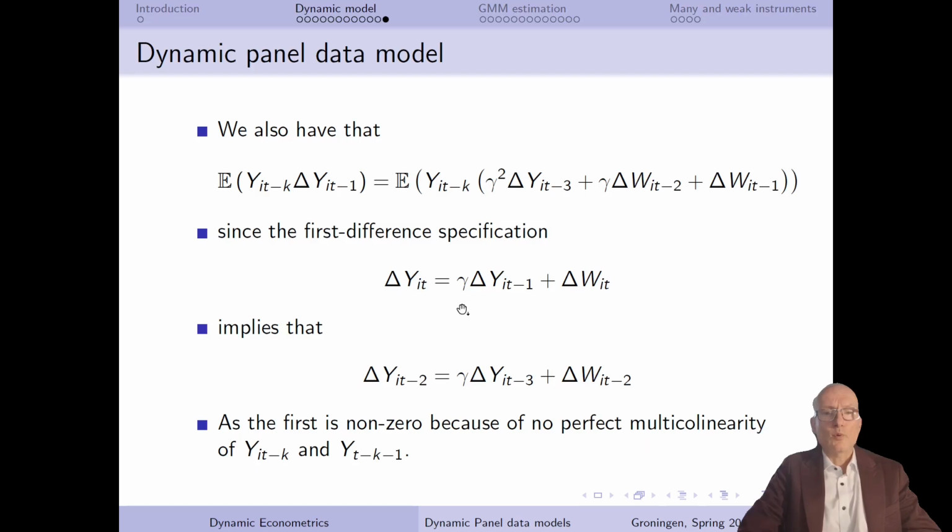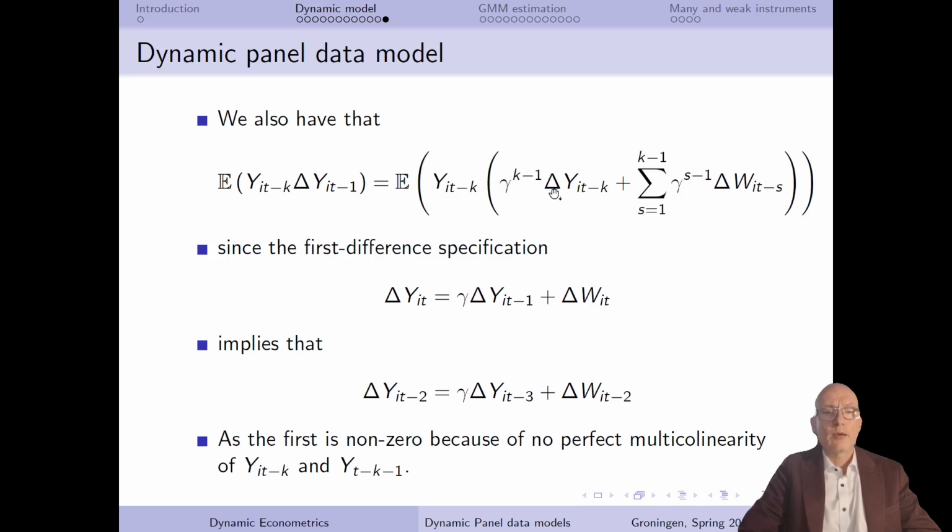Well, we can go on, because we can also substitute in delta YIT minus 3, delta YIT minus 4, etc. If you do that many times, then in the end what we get is this term over here. We get the mean of YIT minus K multiplied by gamma to the power K minus 1 delta YIT minus K plus this sum over here, a sum from S equals 1 till K minus 1 of gamma to the power S minus 1 multiplied by delta WIT minus S.